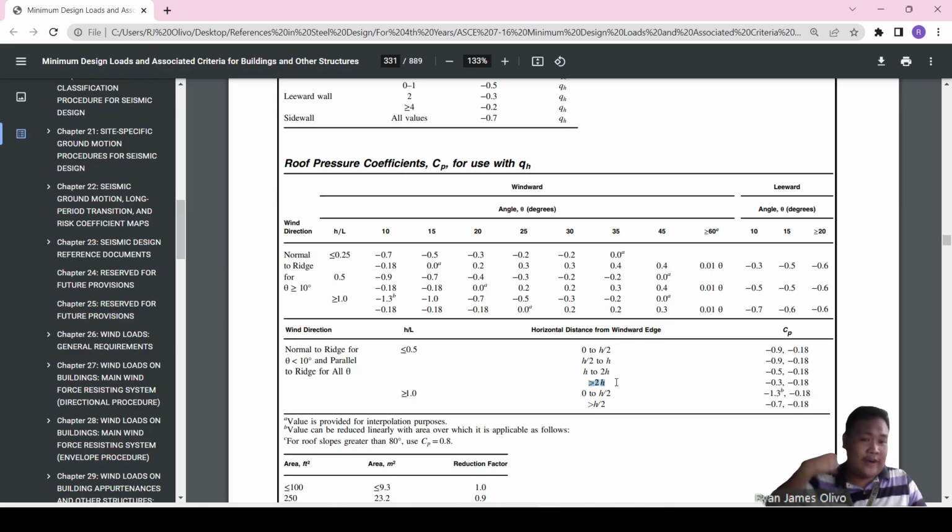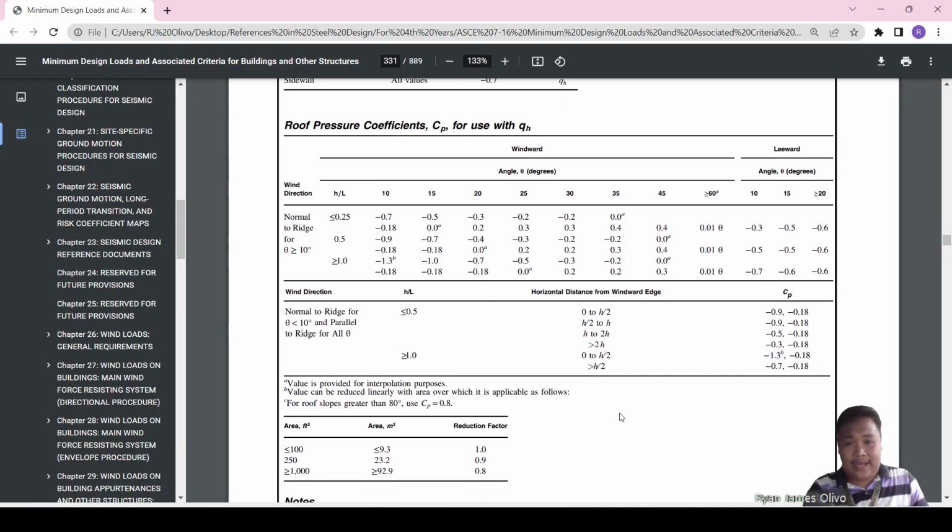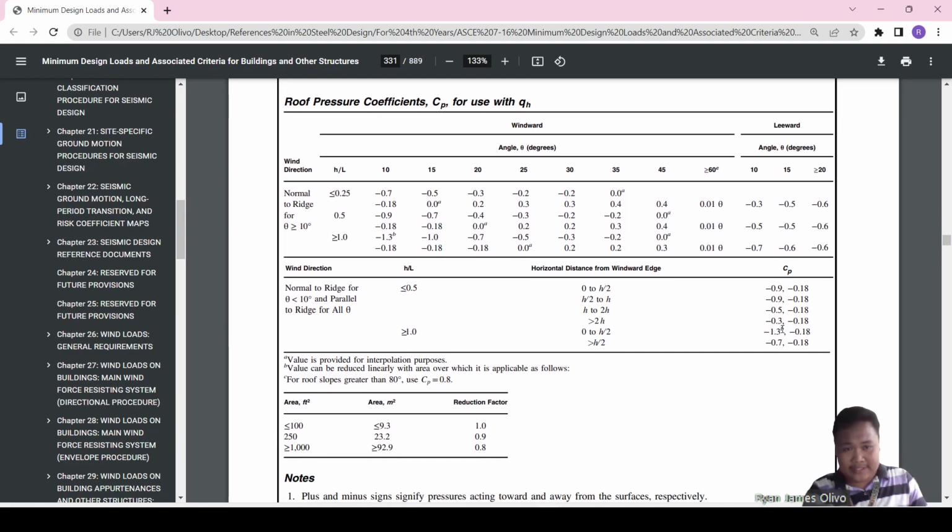As it goes farther and farther away from the windward edge along the length of the roof, the CP is decreasing. For greater than 1.0, we have this one, and this B means that we can apply a reduction factor. This is the area of your roof.